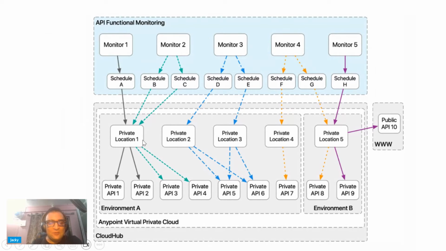But with the private location, you can see it is created within your environment, within your Anypoint virtual private cloud. That's the one difference. But the good thing about a private location is you can monitor private endpoints, and you can monitor public endpoints without doing any configuration. You can monitor any API which is located on the public internet, www dot.